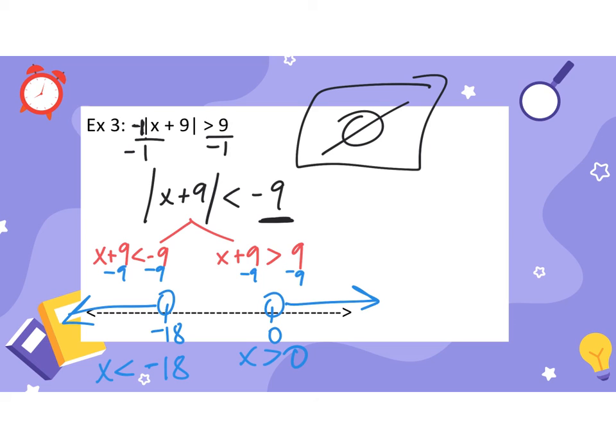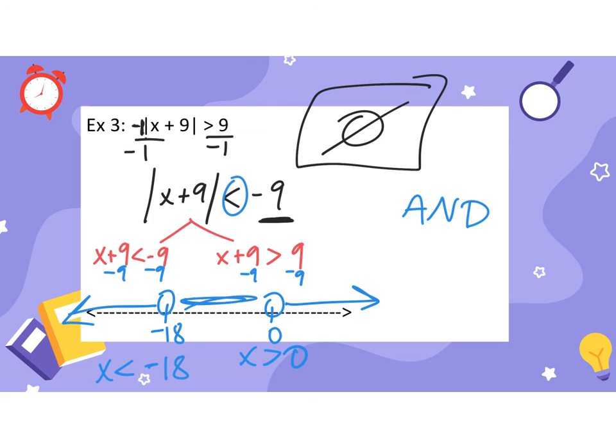This looks like an OR problem, but if I go up here to where I isolated, this was a less than. Can an AND problem look like that? No, absolutely not. It can't. Why? Because an AND problem is what they have in common. These two things have nothing in common. They have two lines going in opposite directions.